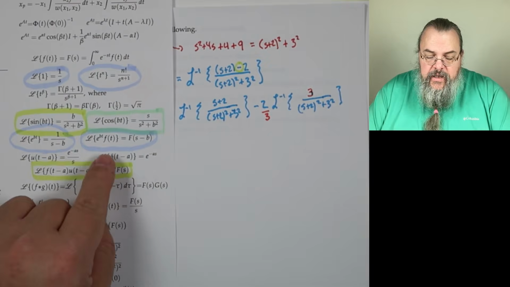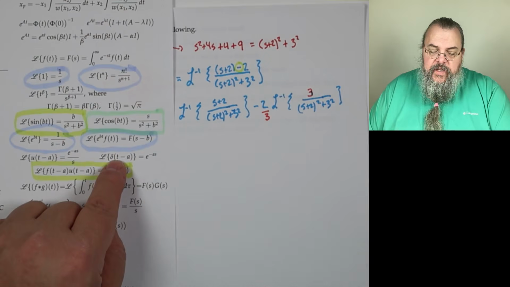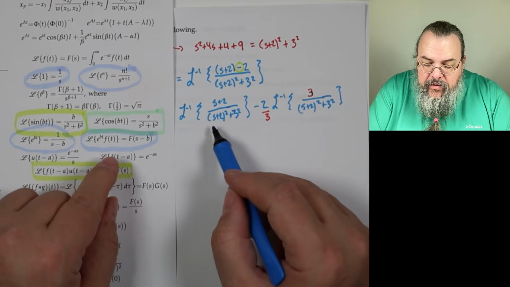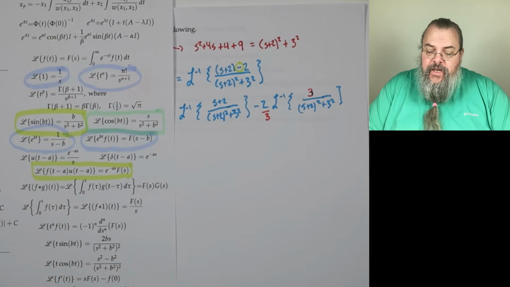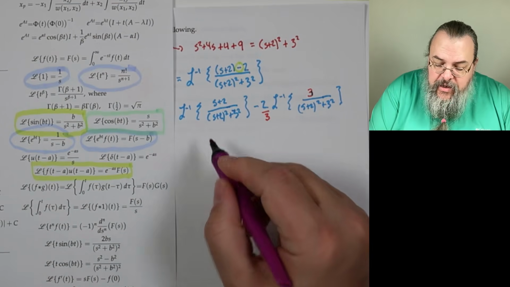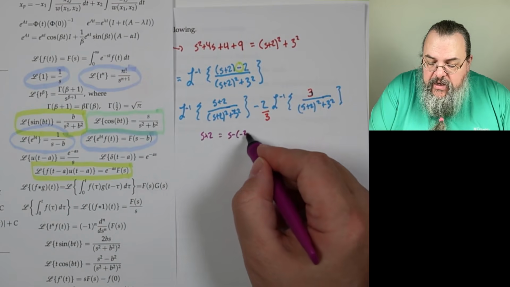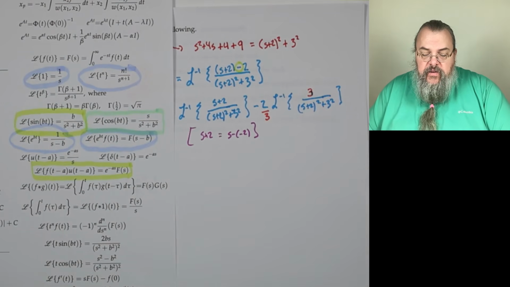We're going to combine these 3 pieces. So what's going to go on? Well, since we have an s plus 2, that's really like s minus minus 2, right? We can make a little note here. S plus 2 is like s minus minus 2. And so, what does that tell us?